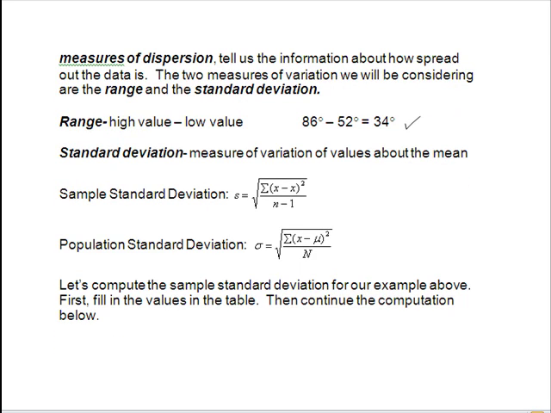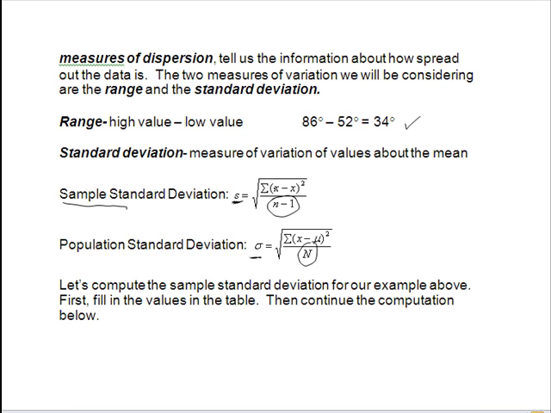And you'll notice there's a slight difference between the formula for the sample, with an s for the sample standard deviation, and the population, which uses a lowercase sigma. Notice here we're dividing by n, whereas with the sample we divide by n minus 1. Subtracting that 1 is a correction figure to try to make it a little bit more accurate.